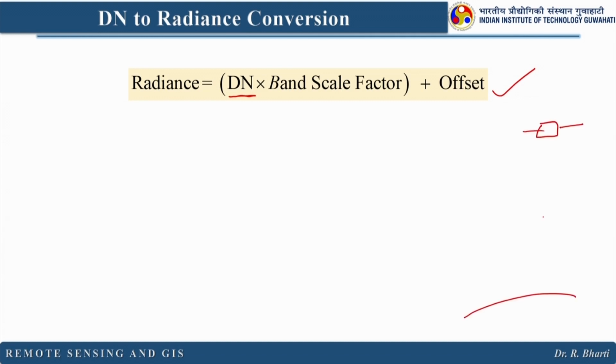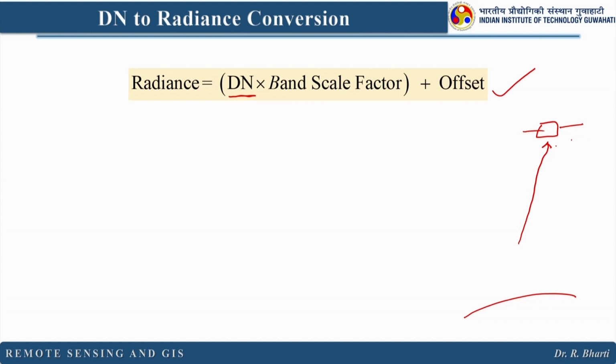Here this is our surface, and the energy reflected has to travel from the surface, whether it is Earth or any other planet, to our sensor, and only then that number will get recorded.